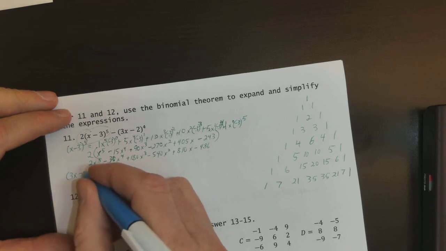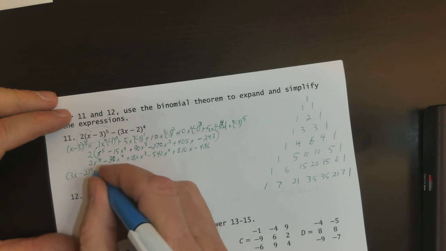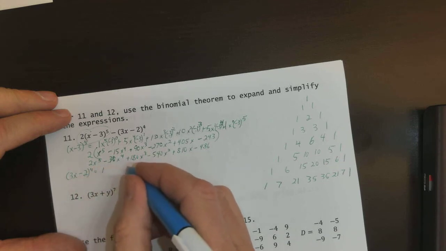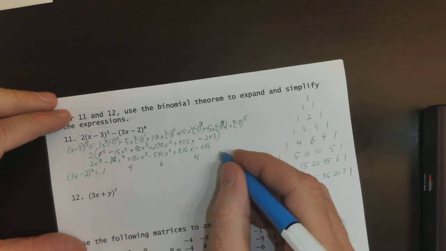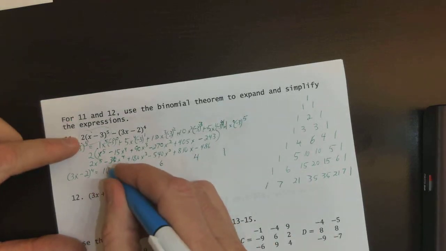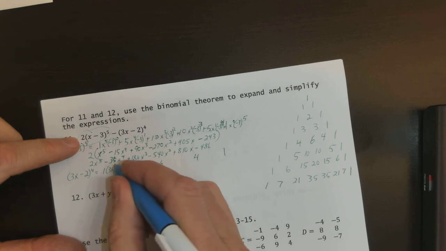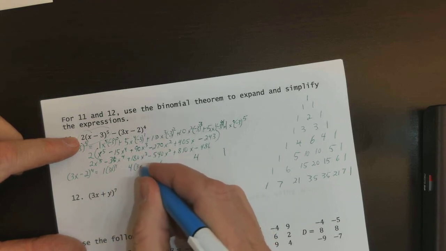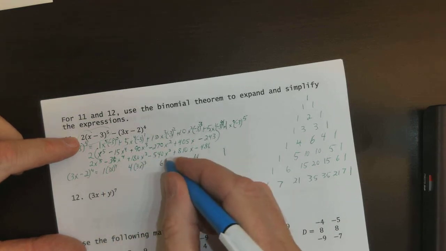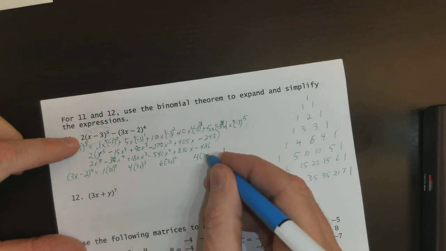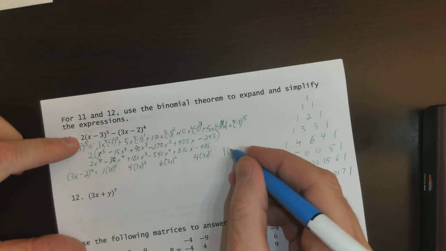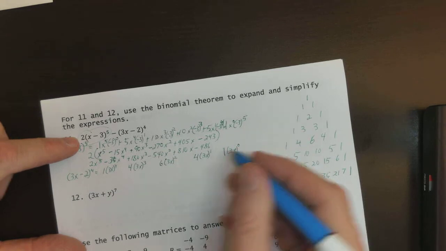3x minus 2 to the 4th power. I'm going to use the 1, 4, 6, 4, 1 line. I got 3x to the 4th, 3x to the 3rd, 3x to the 2nd, 3x to the 1st, and 3x to the 0.